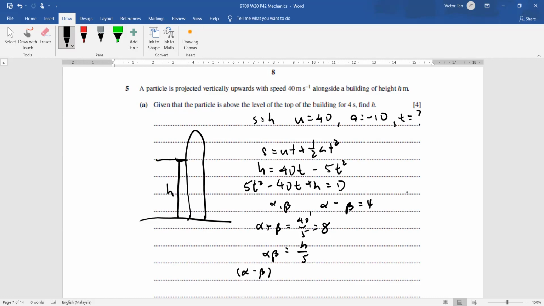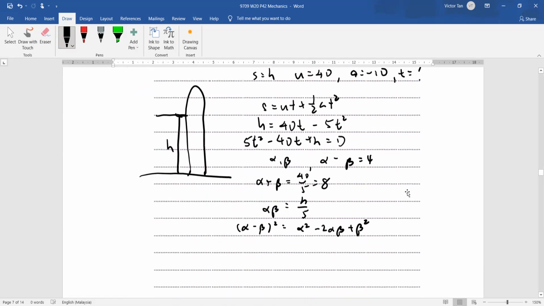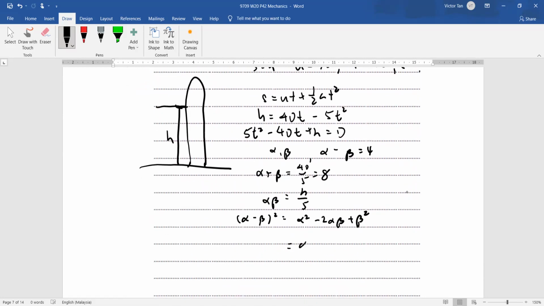Alpha minus beta squared equals alpha squared minus 2 alpha beta plus beta squared. This is 4 squared, which equals alpha plus beta squared minus 4 alpha beta.